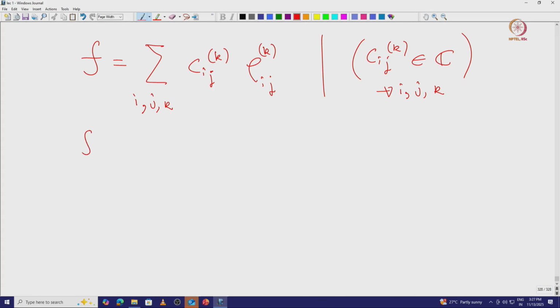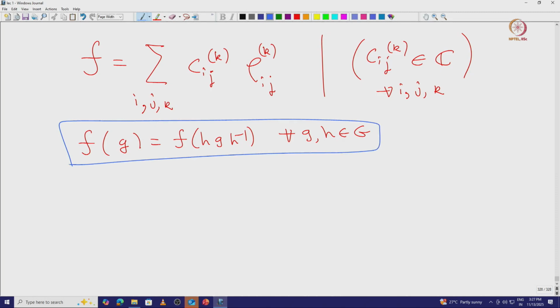Recall that f is a class function. In particular, f of g is equal to f of h g h inverse for all g, h in G. So, we are going to use this. Now let us try to use this.